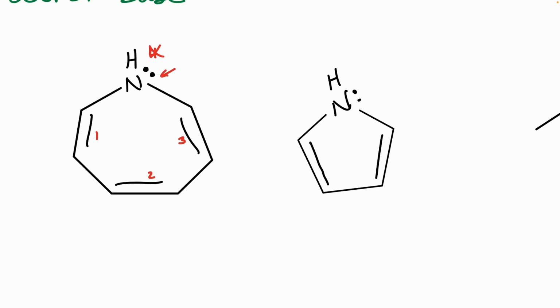So instead, this lone pair will just not be conjugated into that ring, not delocalized, i.e. sp3 hybridized. But if we look in our other molecule, 1, 2, now that lone pair makes 3. That's good, that's aromatic. So this will delocalize, i.e. that nitrogen will be sp2 hybridized.